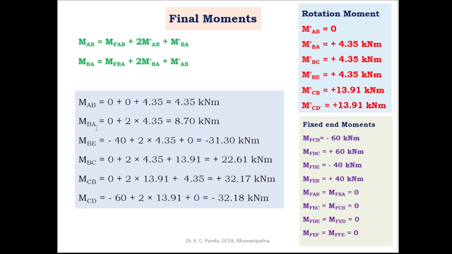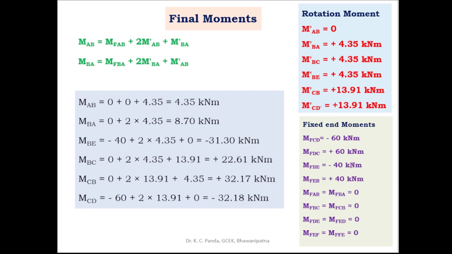Similarly, find MBA, which is equal to MFBA plus twice M dash BA plus M dash AB. MFBA is also 0, twice M dash BA is 2 into 4.35, and M dash AB is 0. So MBA is equal to 0 plus 2 into 4.35, that is equal to 8.70 kilonewton meter. Similarly, MBE is equal to MFBE plus twice M dash BE plus M dash EB.